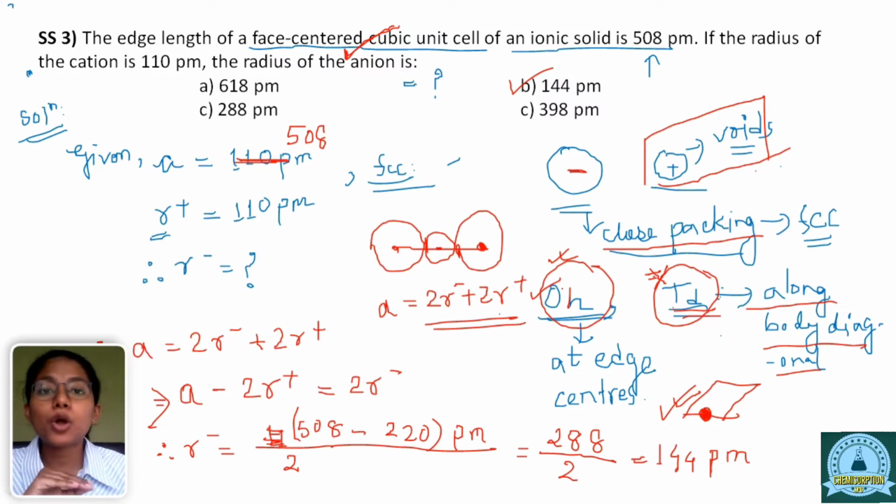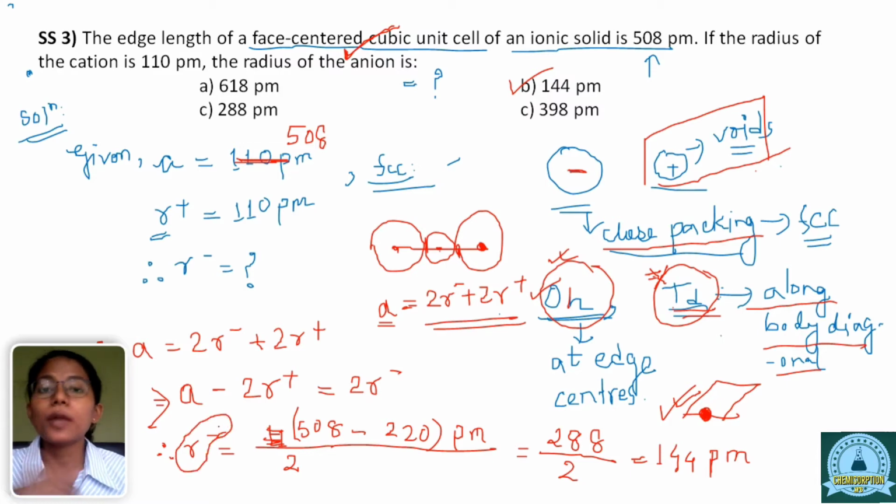because if they occupy the octahedral void, they are present at the edge center, and from this we know that the edge length is equal to twice R negative plus twice R positive, and from this we can calculate the value of R negative. So the problem is very simple.